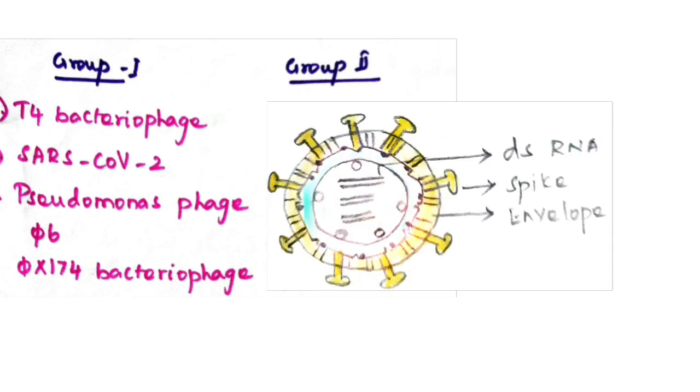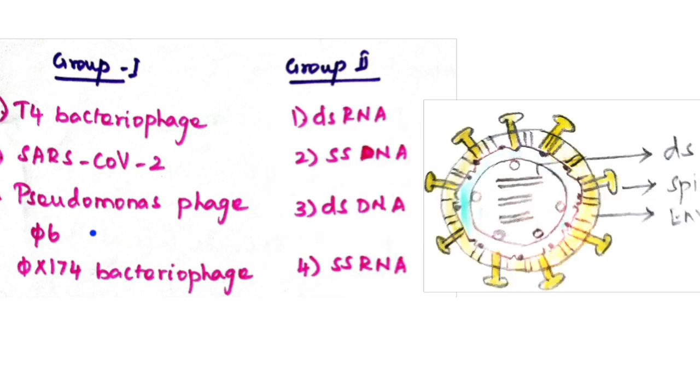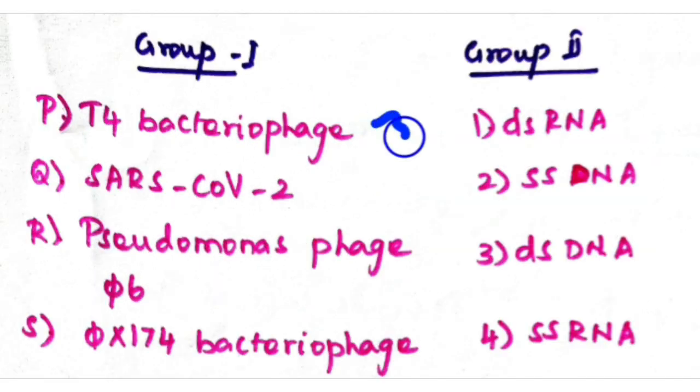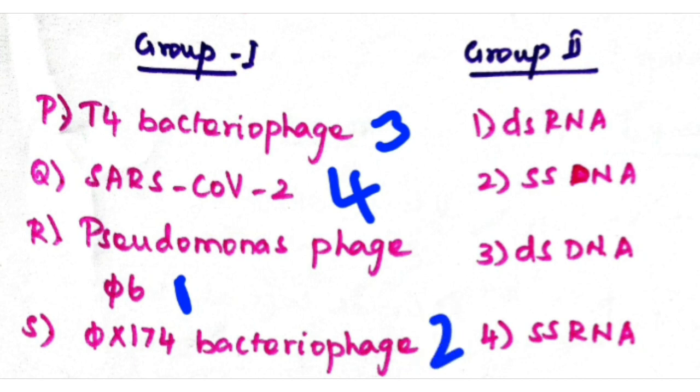Then Pseudomonas phage phi-6 has double-stranded RNA, and phi-X174 bacteriophage has single-stranded DNA.